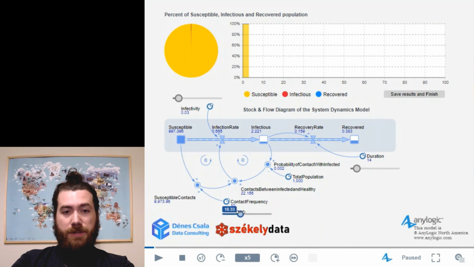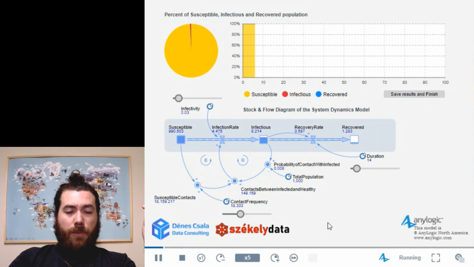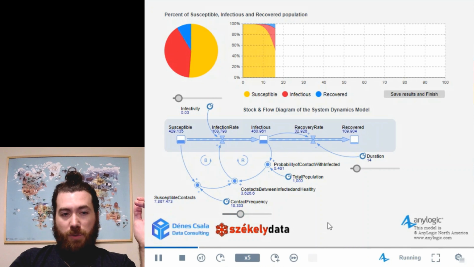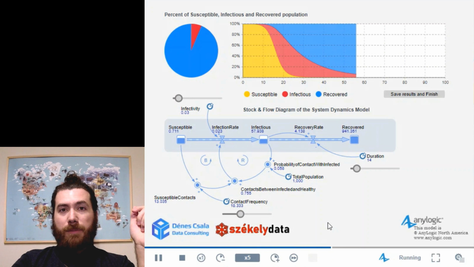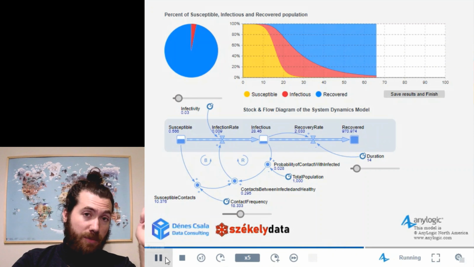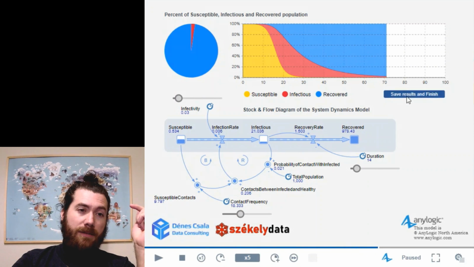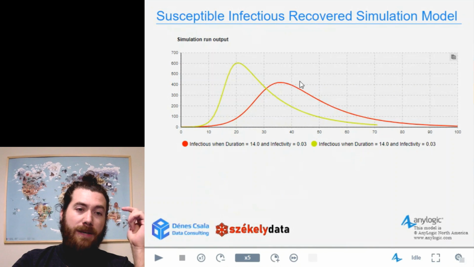So if I save these results and we do another one, we will see that the infectious will look like this, right? So people are getting infected, and then people are starting to recover from the disease. And then the interesting bit is that you can see that the maximum number of the infectious is not equal to the total population.